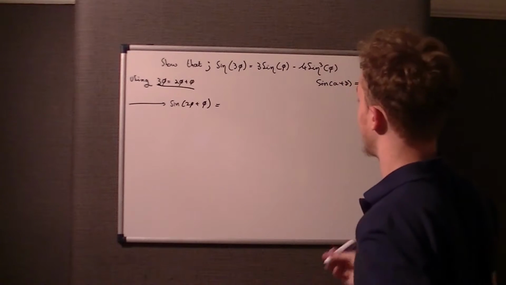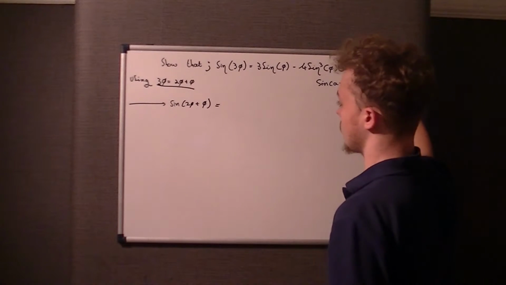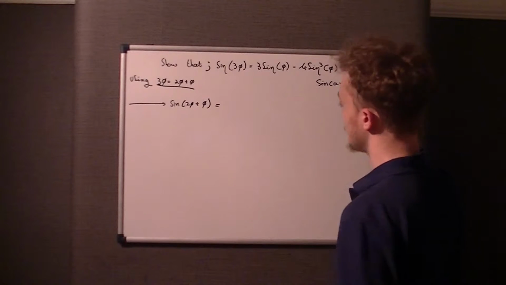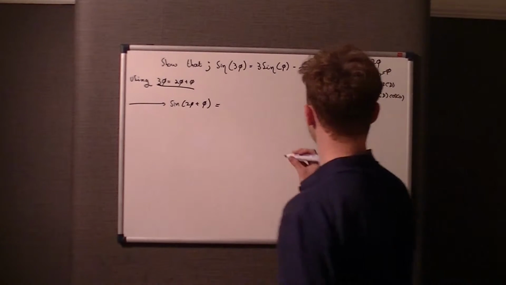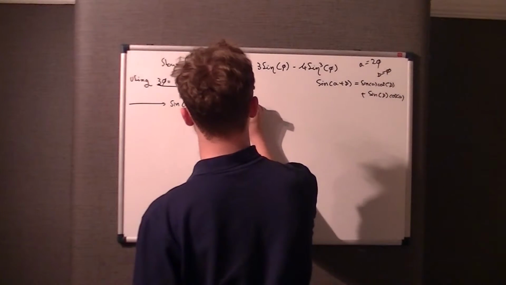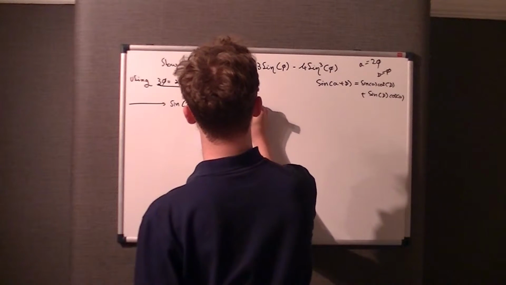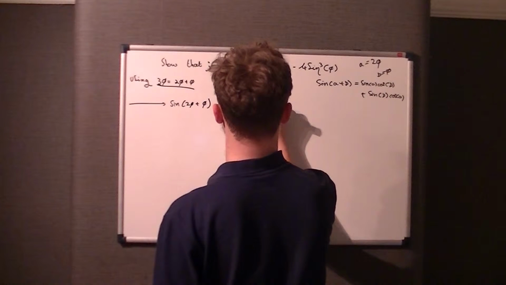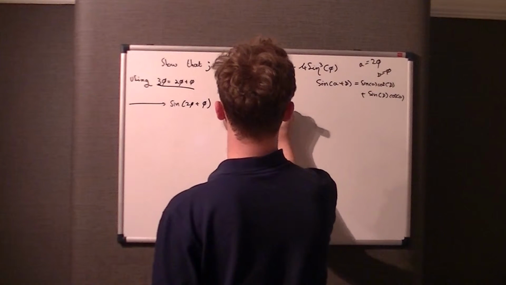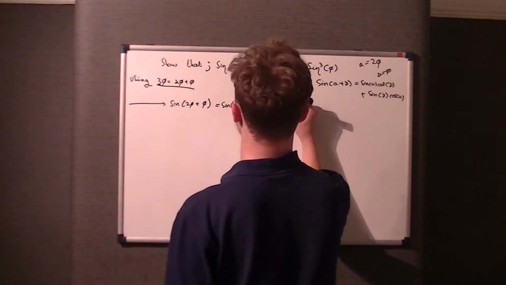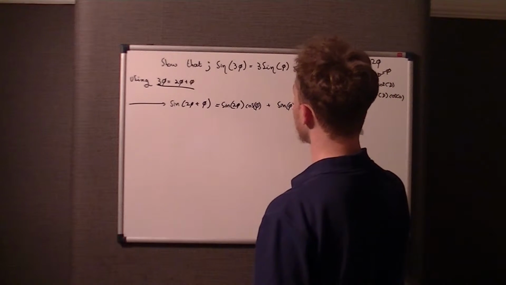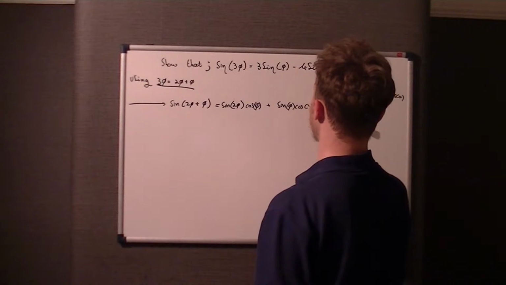To correspond that with this, a is equal to 2 theta and b is equal to theta. So it's equal to sine a, so sine 2 theta, times cos b, so times cos theta, plus sine b, so sine of theta, times cos of 2 theta.